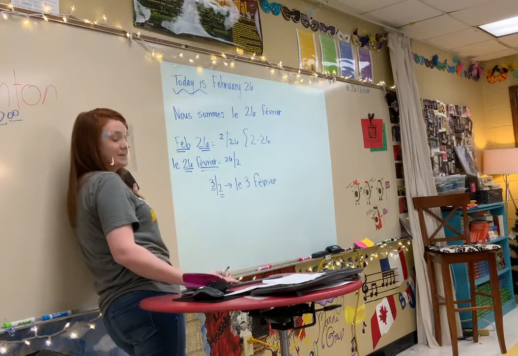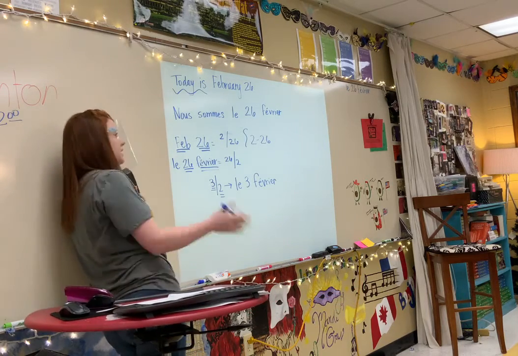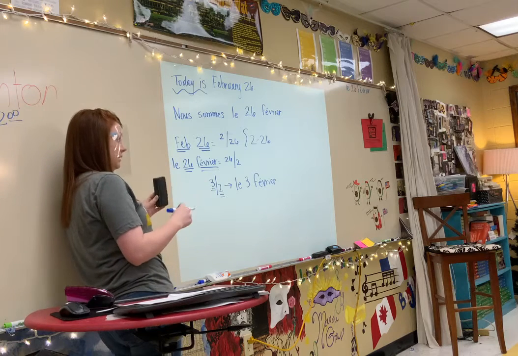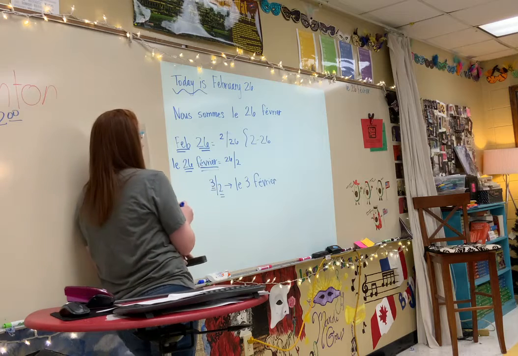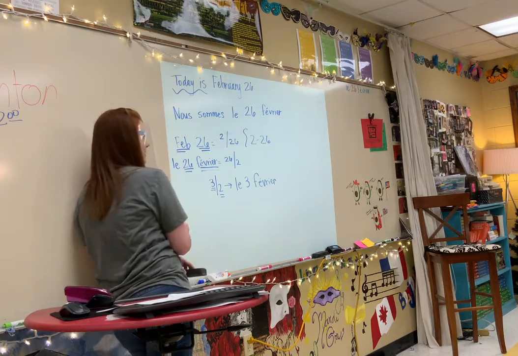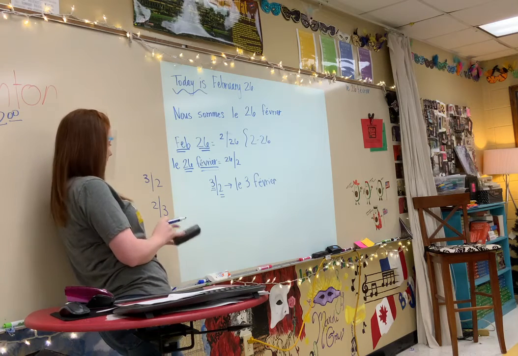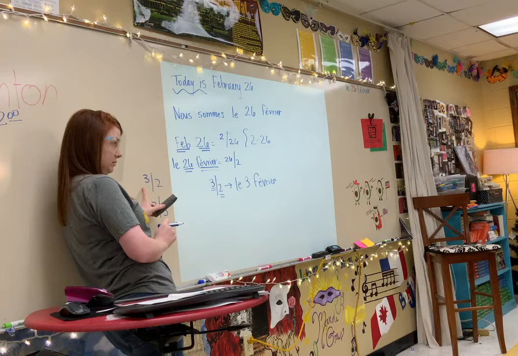Okay, so I'm telling you now, on your 9 weeks test, or whatever test you have on this, I will give you a date like this, and maybe even this, and you have to know the difference between March the 2nd and February the 3rd.